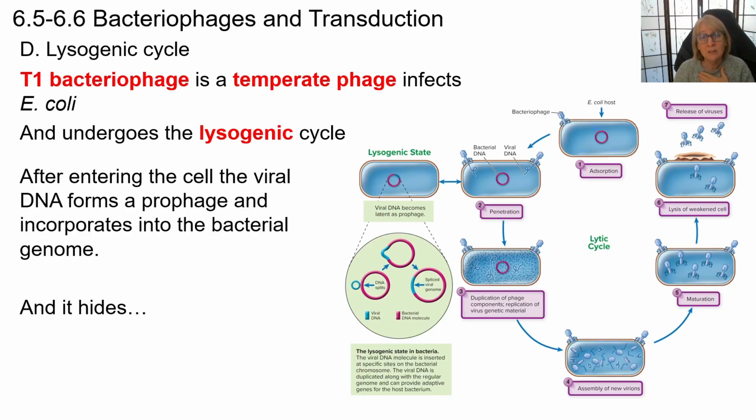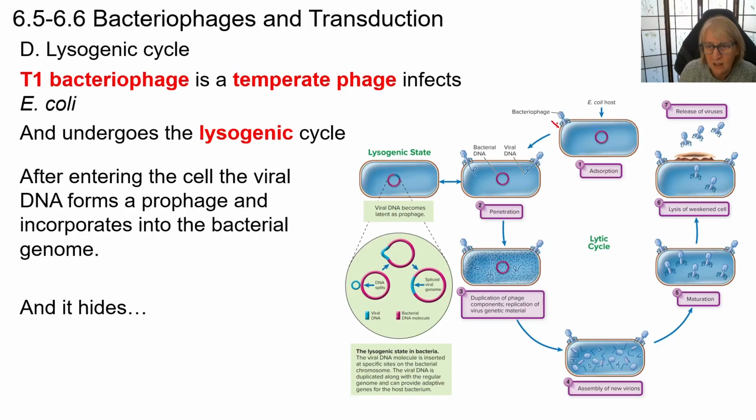If that bacteria is stable and eating well and everything is going well, the temperate phage will enter the lysogenic cycle. It knows, quote, unquote, knows, that that bacteria is likely to go through binary fission. And so its best strategy evolutionarily is to hide inside that bacteria's genome.